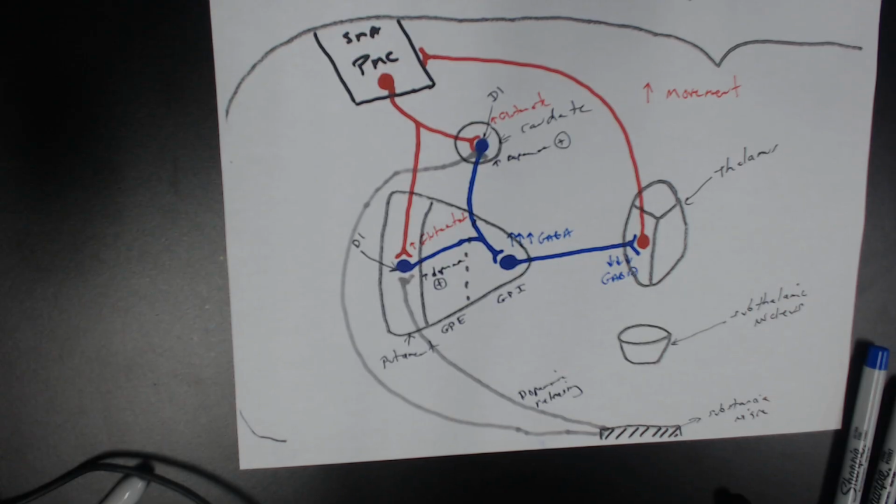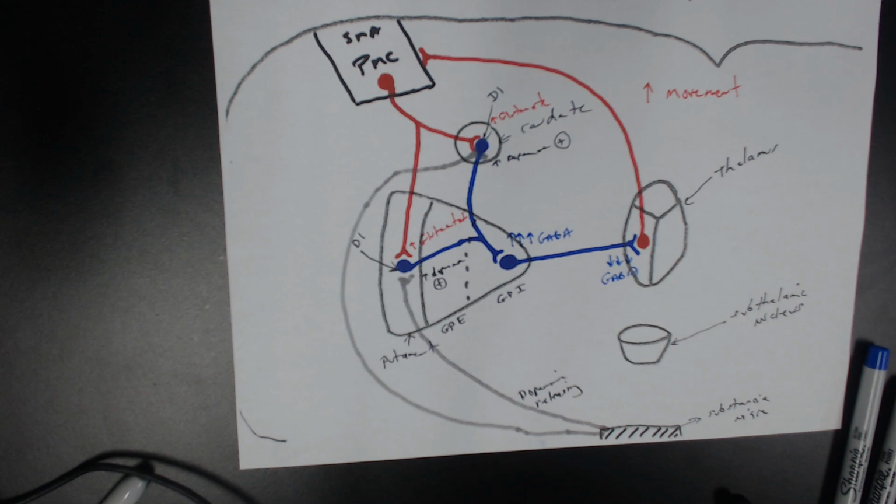In the absence of thinking about movement, I think it makes sense if you think that the neuron in GPi is always on. It's always releasing a ton of GABA right here to prevent you from moving. So if there's a lot of GABA right here, then I'm not going to be able to move because that next neuron can't be polarized.